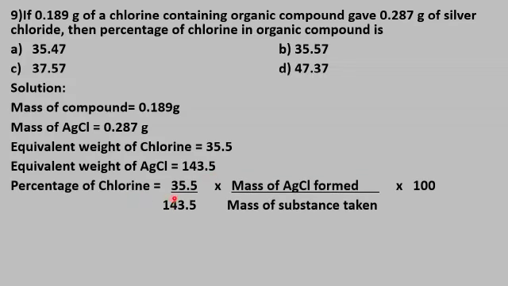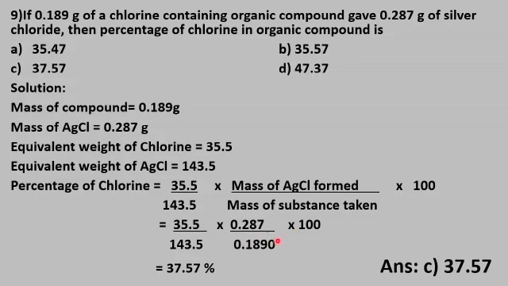Percentage of chlorine is equal to atomic weight of chlorine divided by molecular weight of AgCl, into mass of AgCl formed divided by mass of substance taken into 100. So substitute all the values. Simplify this equation, you will get an answer of 37.57. Hence the correct option is option C here.